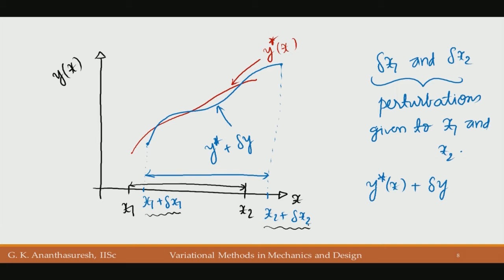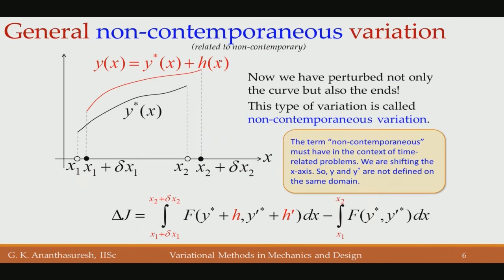It may look very complex at first sight, but once you understand what this general variation is, the answer is actually quite simple. It is a profound concept, but a very simple one. We are perturbing the domain as well as the function, and that is what is shown here. We have a very fancy name for it, called non-contemporaneous variation.